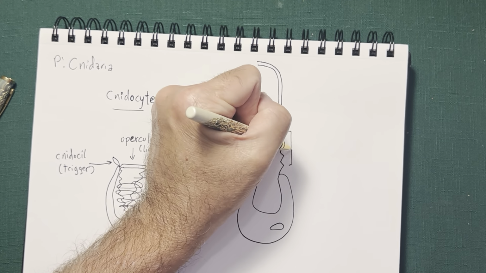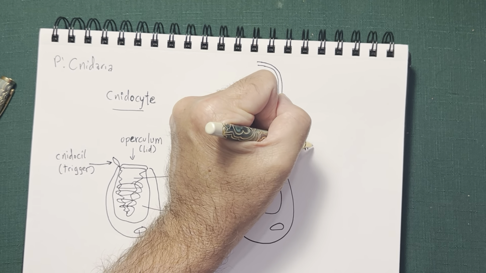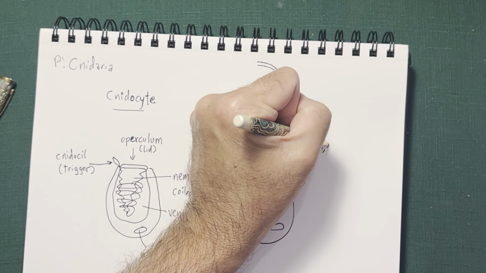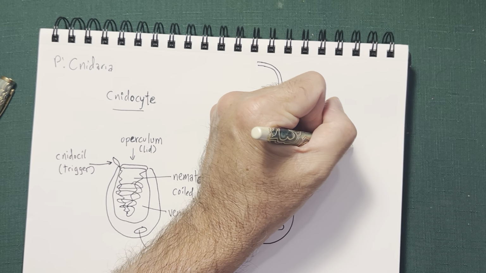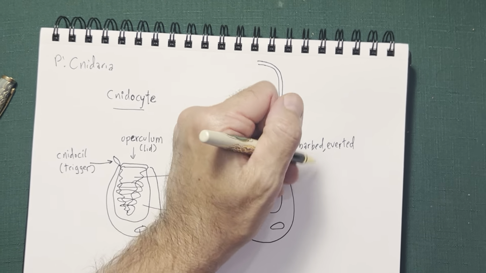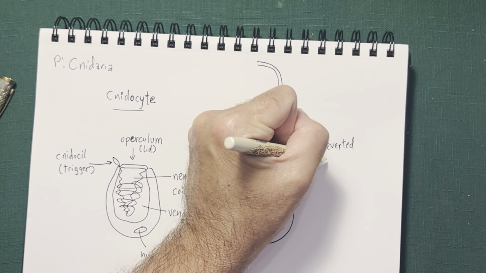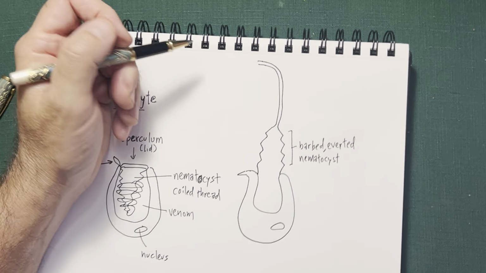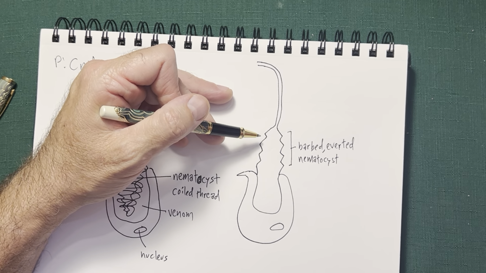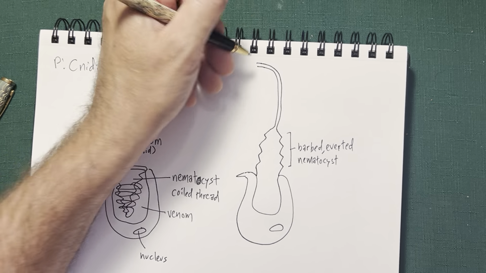And this part of the nematocyst is barbed. It basically gets turned inside out, which is a fancy way to say that. It's everted nematocyst. So those barbs stick into the prey or the predator, as the case may be, whatever is getting stung.